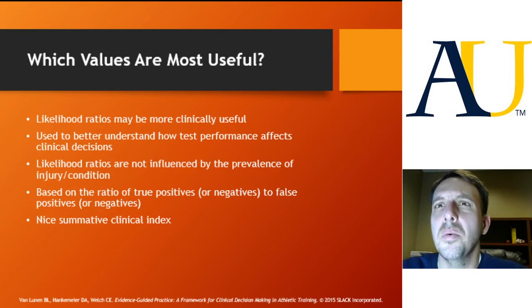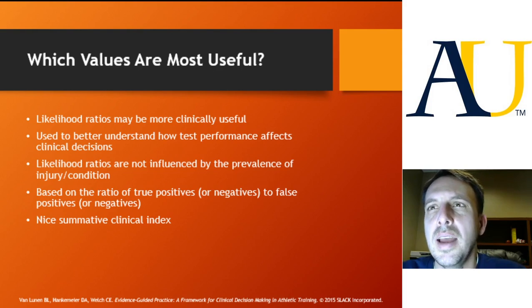All right? But when we get down to the brass tacks, so to speak, if you get rid of all of that stuff that we've been talking about before and just focus on these likelihood ratios, this is where you're going to get to most clinical usefulness. So study sensitivity, specificity, positive predictive value, negative predictive value.